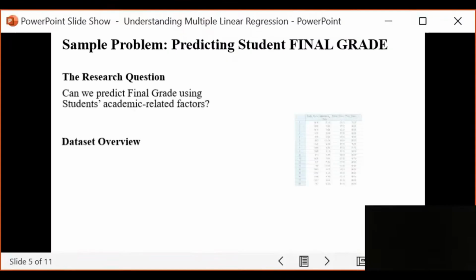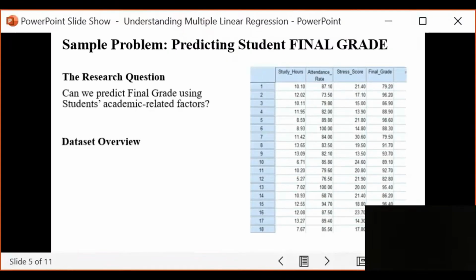So we have here the data. Actually, the number of respondents is 80, but I only show part of it. This is the SPSS interface. This is just to show you how you should input the data in SPSS.